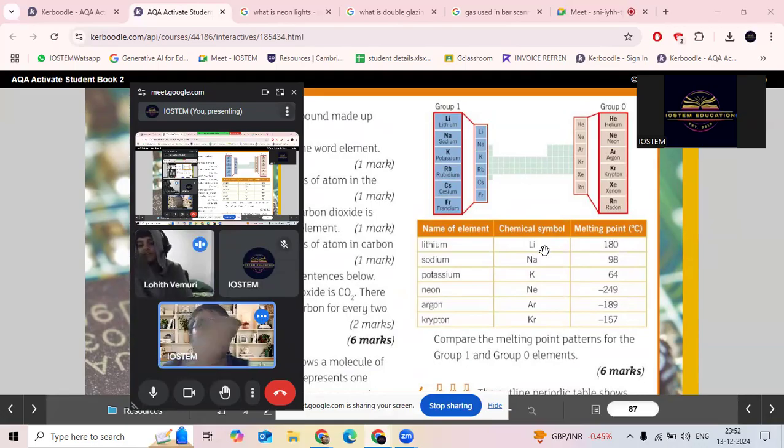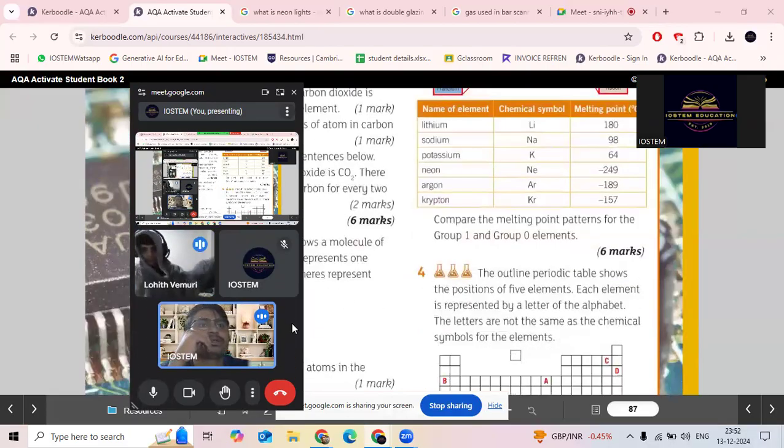Any non-metal? Iodine, no. Bromine. Okay, remember this. This is very important, because in liquid state, very few elements are there in the liquid state.